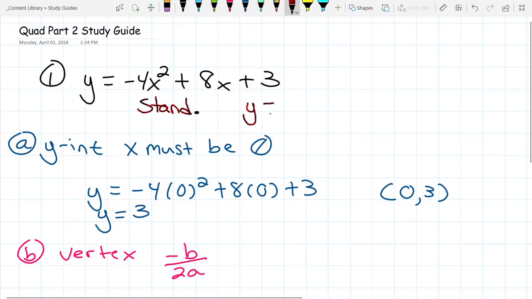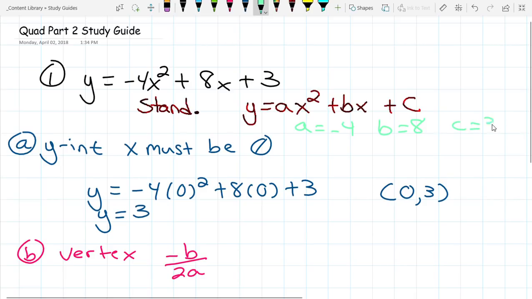Standard form is y equals ax squared plus bx plus c. So the a is the number in front of x squared, the b is the number in front of x, and the c is the number all by itself. For this scenario, a would equal negative 4, b would equal positive 8, and c would equal positive 3.